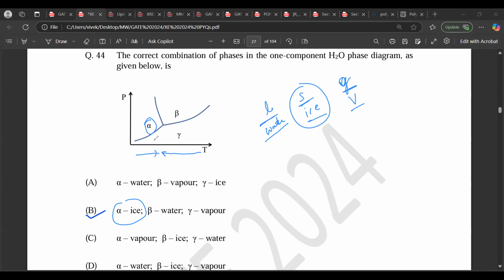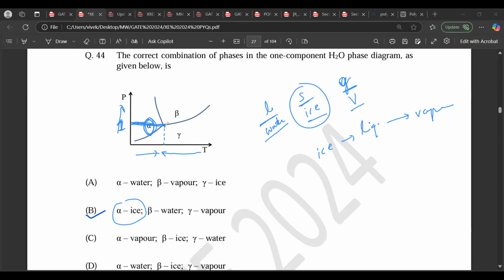If you increase the temperature, from ice it will become liquid, and then from liquid it will become vapor. This is your 1 atmospheric pressure, and this is the typical melting temperature.